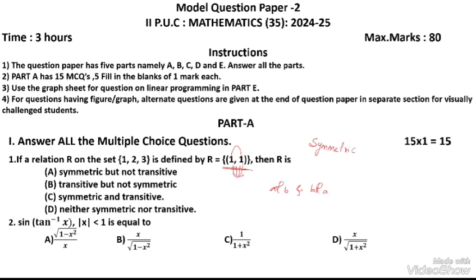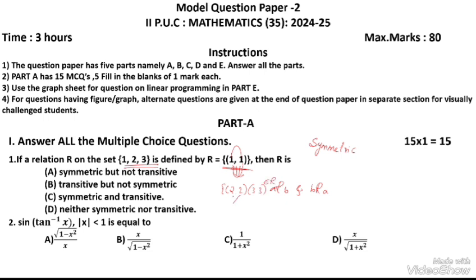Now the relation is incomplete. There are three elements in the set, but in the relation they gave only one pair. Then (2, 2) and (3, 3) do not belong to it.